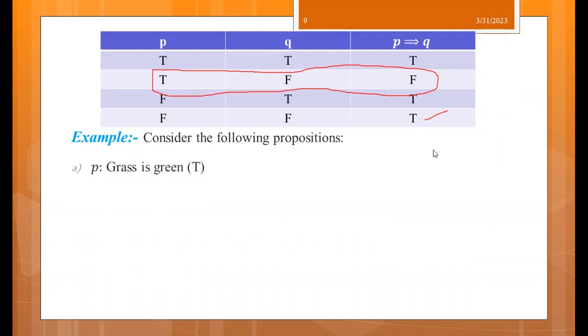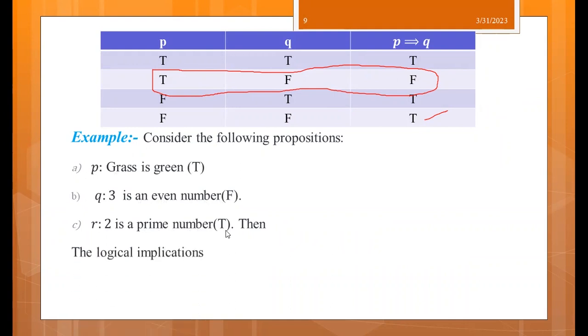An example for this connective will be, again, let us consider these three simple statements: P, grass is green; Q, 3 is an even number; R, 3 is a prime number. Then the following logical implication, for example, P implies Q is false.